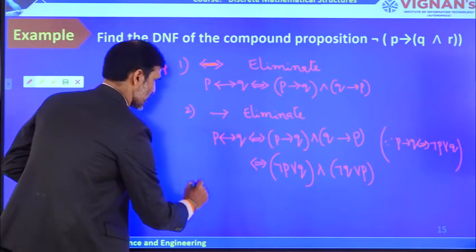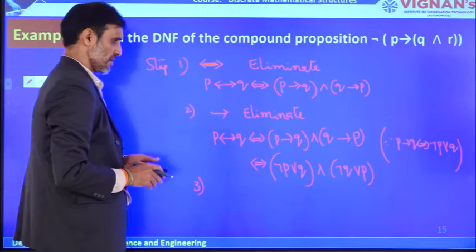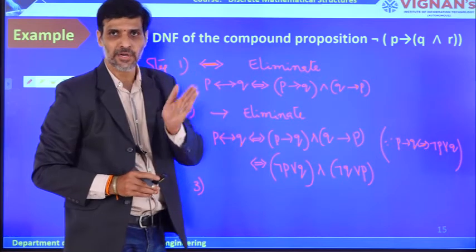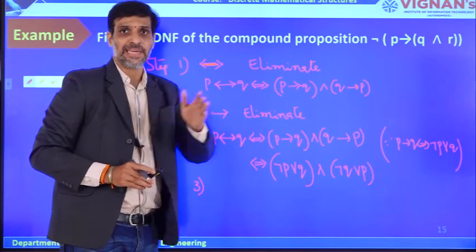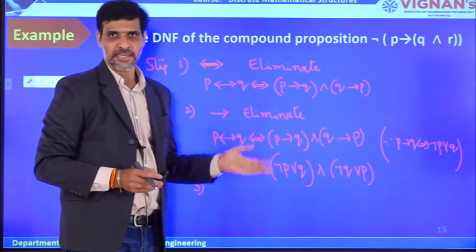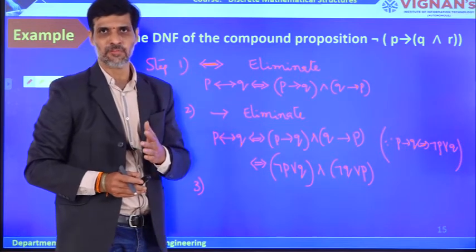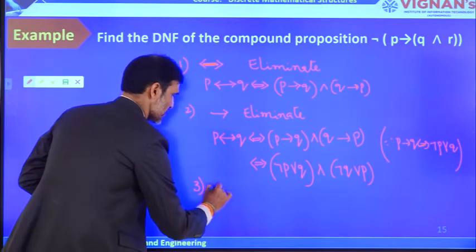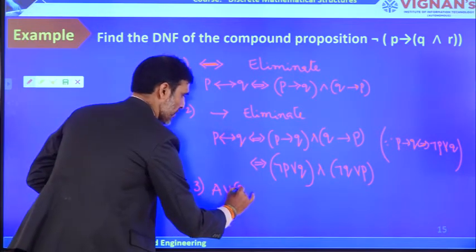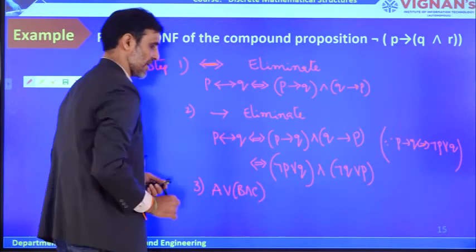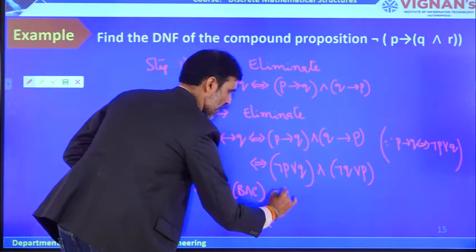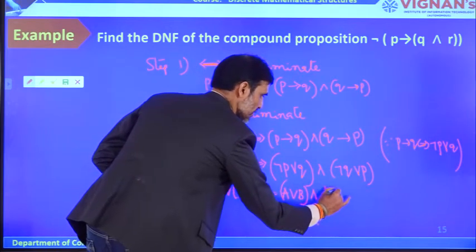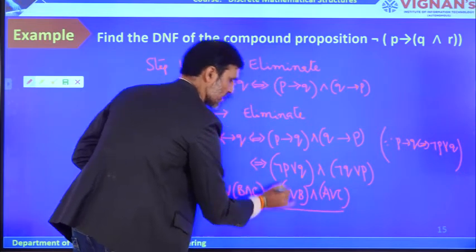And coming to the third one, depending upon the formula, which we are going to convert into either disjunctive or conjunctive normal form, you need to apply the distributive law. What is the distributive law? Suppose it is given as A or B and C. Now how do we write it? A or B, and A or C. Like this we get.